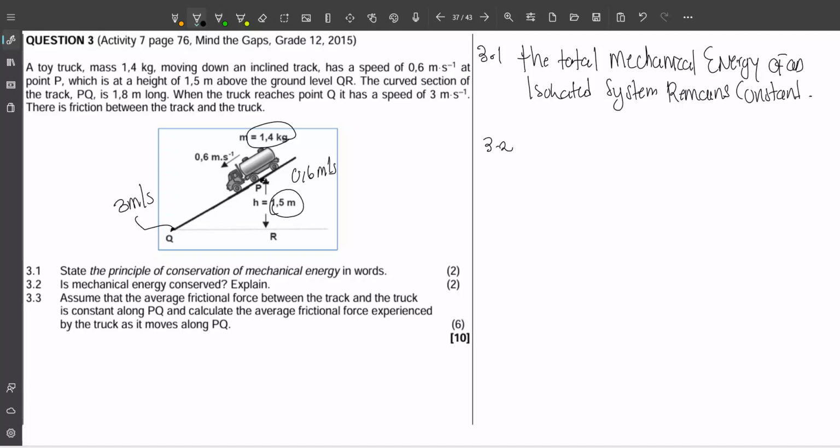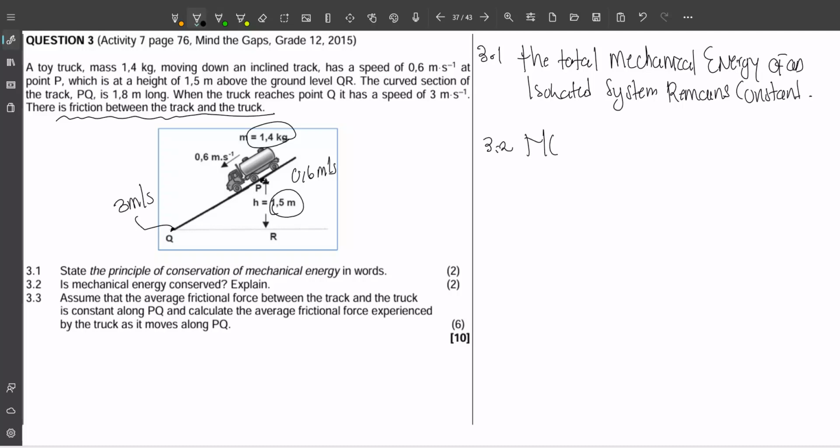3.2 is the mechanical energy conserved? Mechanical energy can only be conserved if external forces like friction do no work, but in this case there is friction between the track and the truck.